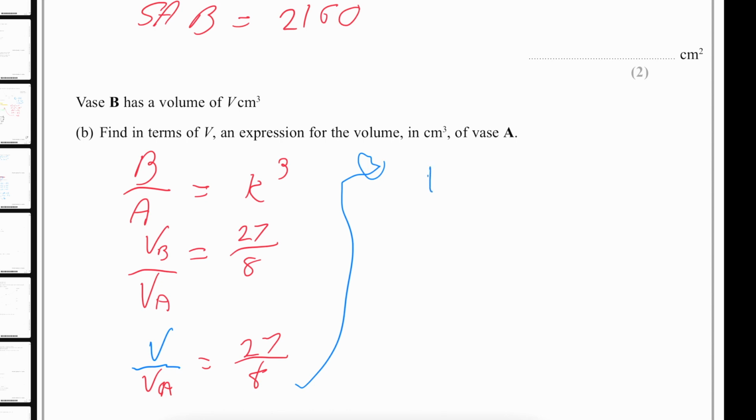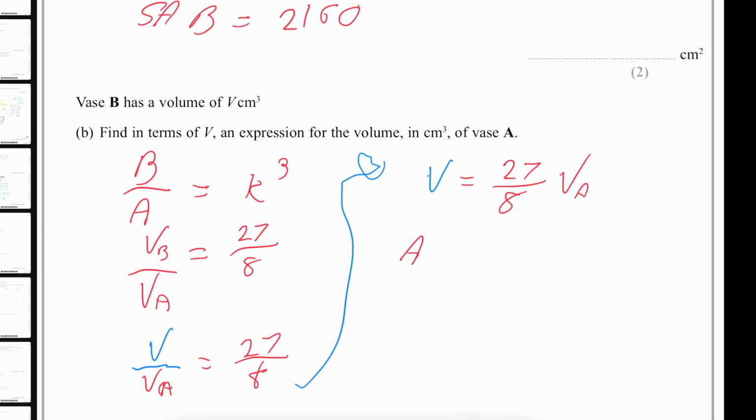So I want VA by itself. So in order to do that, I'm going to times 27 over 8 by V of A, and of course I want VA by itself, so I need to now divide both sides by 27 over 8.